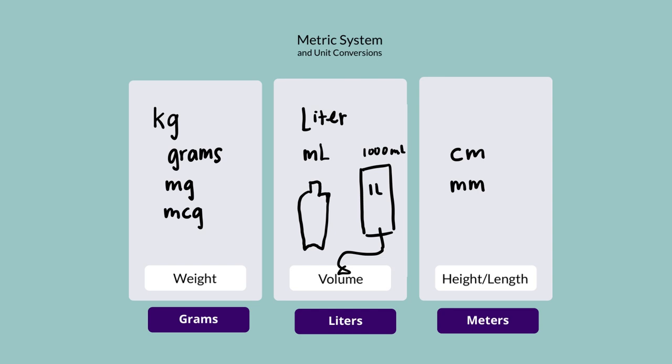But on the next slide, I'm just going to show you how to convert from one unit of measure to another, and I'm going to use the example of liters to milliliters first. So let's just say that we have 750 milliliters, but I want to determine how many liters that is. I can use dimensional analysis to do this, or the unit factor method.